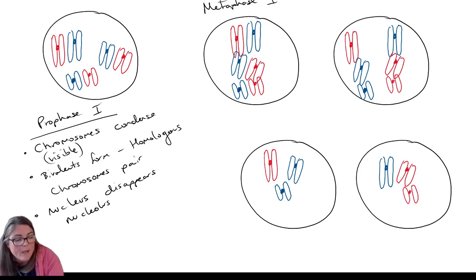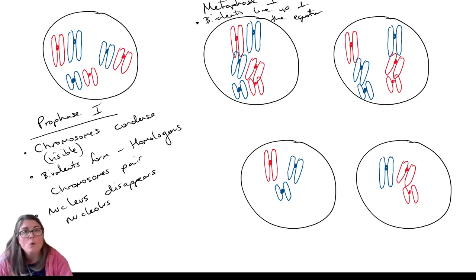So metaphase 1 is where the bivalents line up at the equator, or you could say the metaphase plate. Metaphase 1 is about the homologous chromosomes that have paired together being moved to that metaphase plate, which is the center.